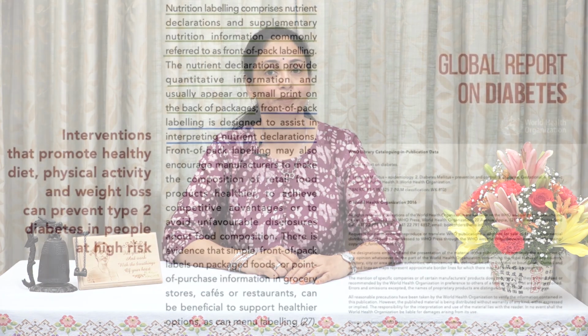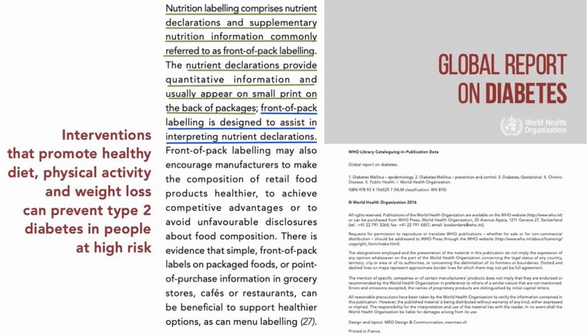The nutrient declaration provides quantitative information and usually appears in small print on the back of the packages. The supplementary nutrition information, or front of the pack labeling, helps in interpreting nutrient declarations.